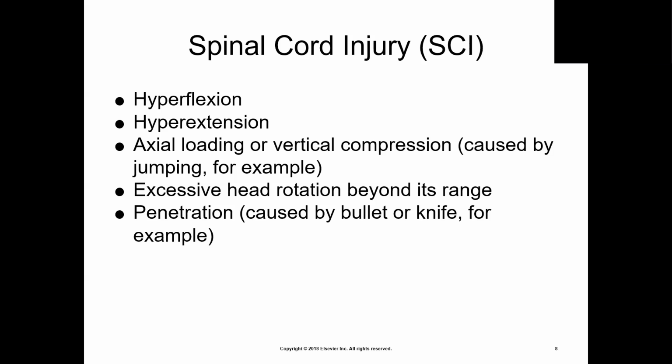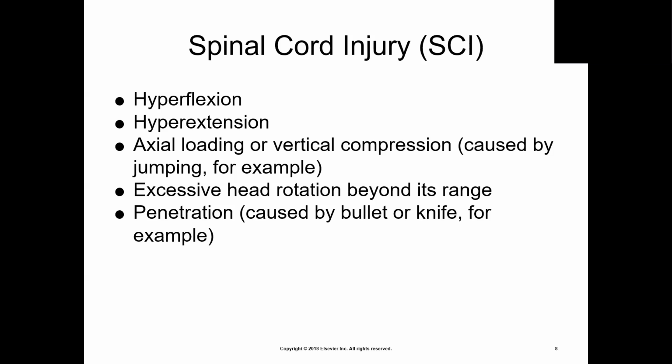And so there's an extreme flexion, so bending down towards their body, and then an extreme extension where it's hyperextended as well. And so what happens is ligaments are torn, stretched, fractures might happen, but basically there's been, like it says on the screen, excessive head rotation beyond its intended range, okay?